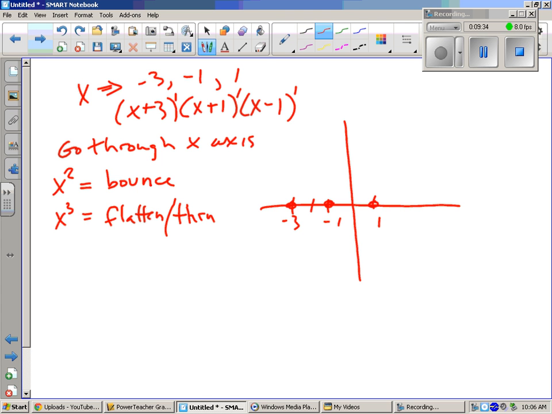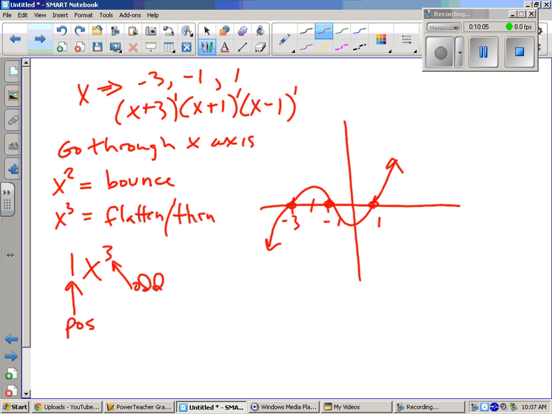Well, we don't have anything but powers of 1, so we're doing good here. Now, it was x to the third. X to the third, this is positive, and this is odd. So positive means I'm going to rise at the end. Odd means I'm going to do the opposite. So I'm going to fall. So all you have to do next is go through each of the points. I'm going to go through this one, through that one, and through that one.